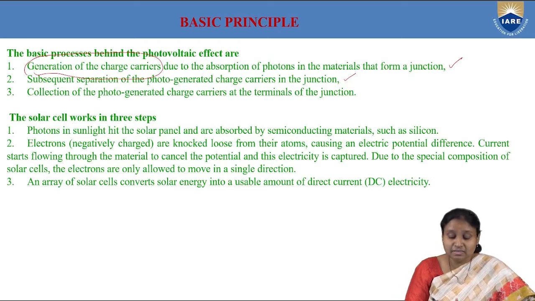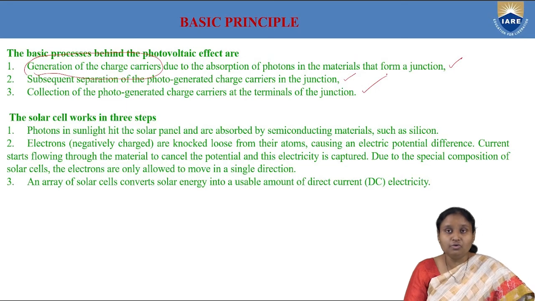The third step involved is collection of photo-generated charge carriers at the terminals of the junction. Not only separation, but these charge carriers come and form a voltage separation, or they act as a battery because of collection of these photo-generated charge carriers at the terminals of the junction.